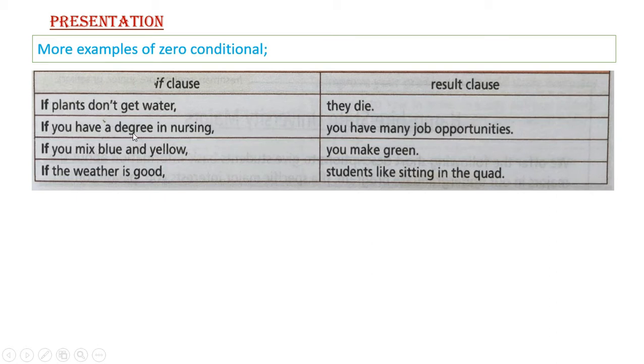If you mix blue and yellow, what happens? You make green. One more sentence: if the weather is good, students like sitting outside in the quiet. These are the examples of the zero conditional.